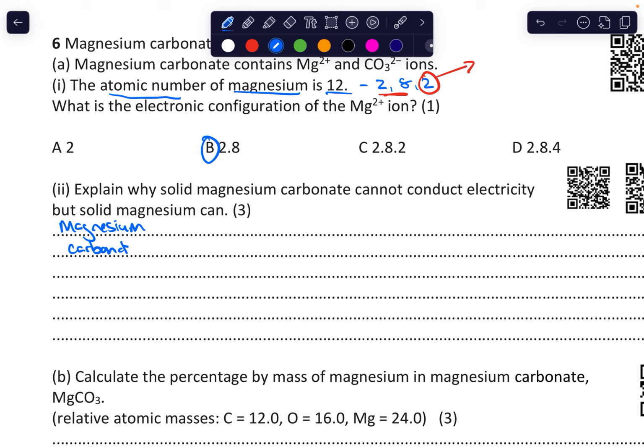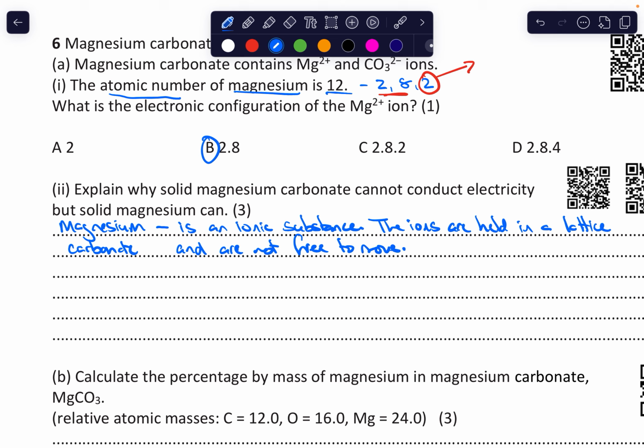Magnesium carbonate is an ionic substance, and that means that the ions are held in a lattice and are not free to move.